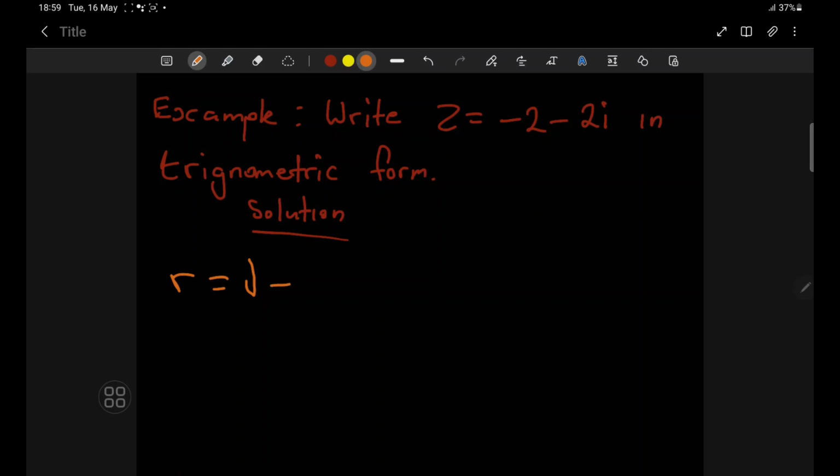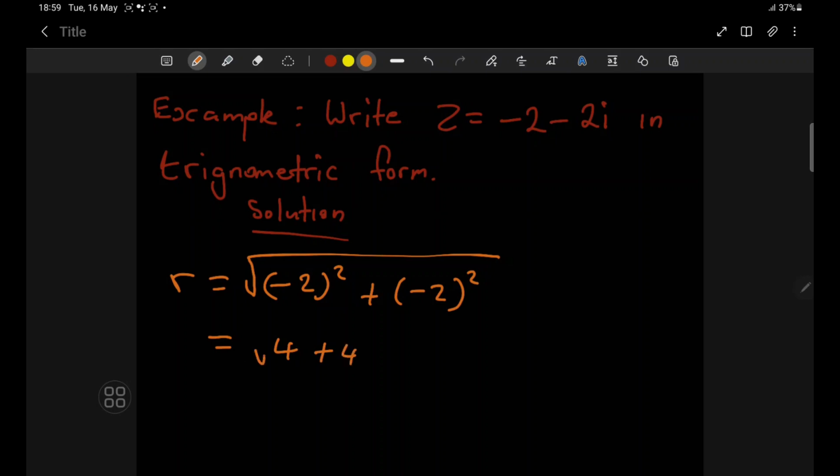So in this case, we have (-2) squared plus (-2) squared, that's for the imaginary part. So we'll have 4 plus 4, which is now equal to the square root of 8. We can reduce this. This is 4 times 2, so we'll have 2 square root of 2. So the value for r is this.